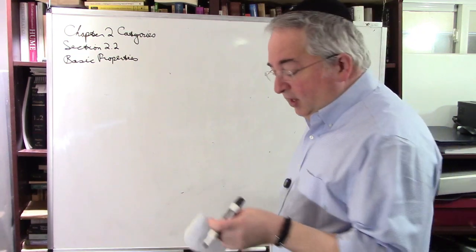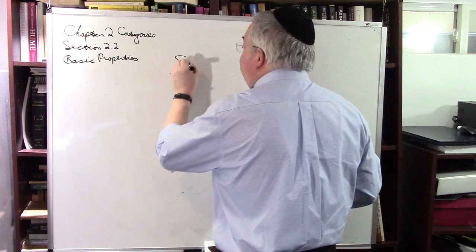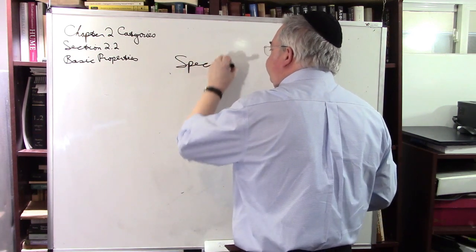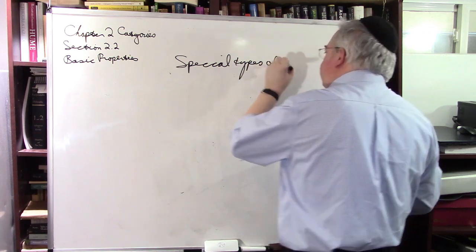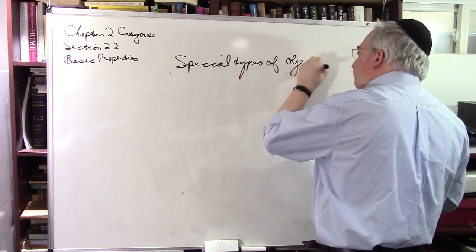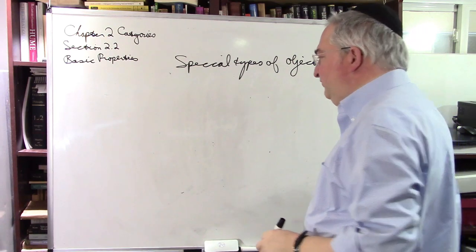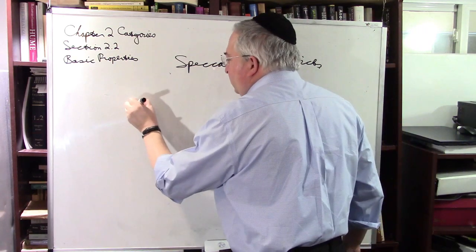That's very nice. Now I want to talk about special types of objects. Basically as follows, we have an initial object.